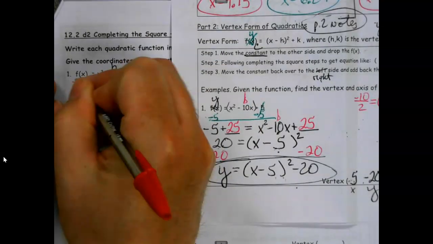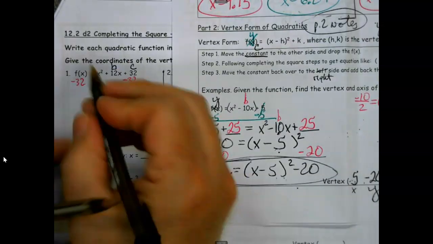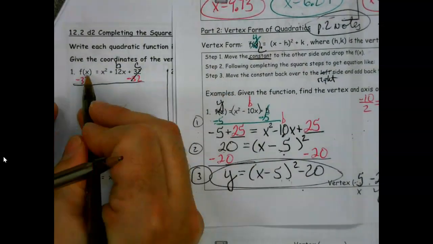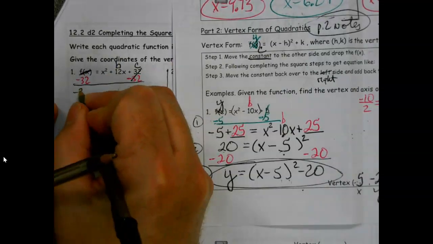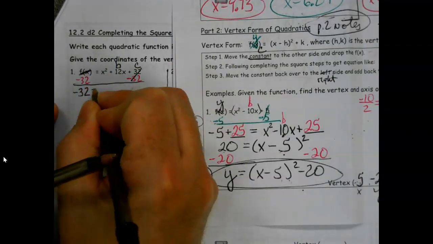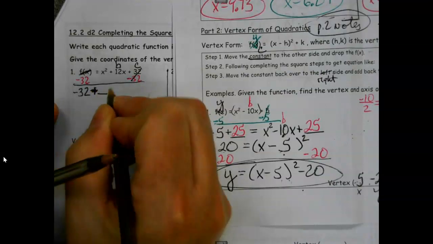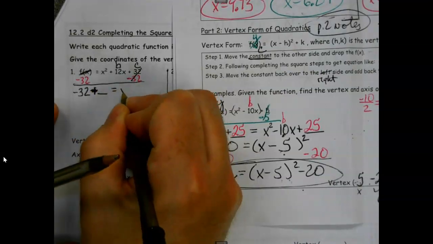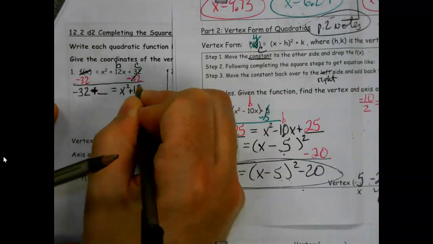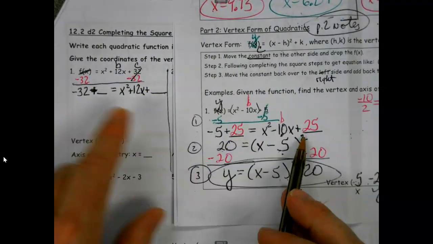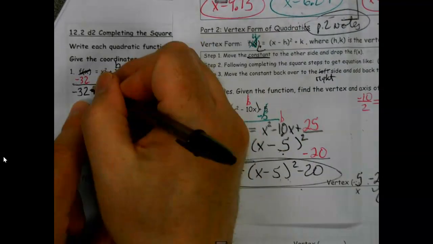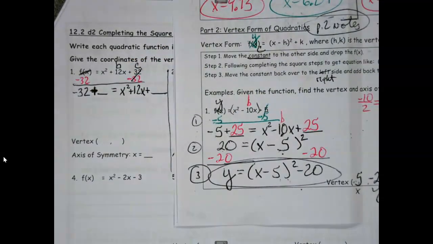So we're going to minus that out. This is no longer here for the moment. We'll pull that back later. And our x squared and our 12x need their blanks on each side. This is a plus, just got a little sloppy there.